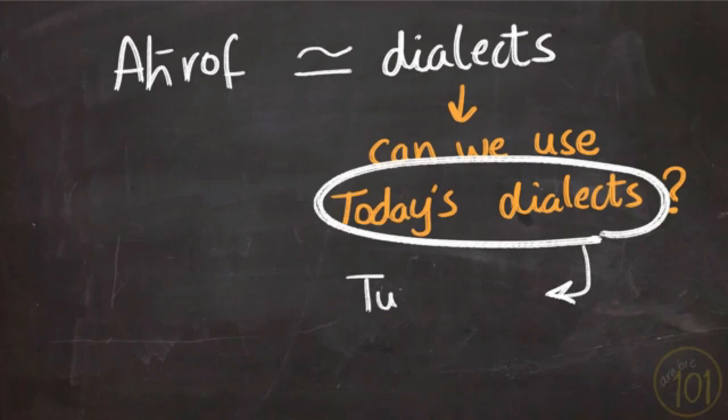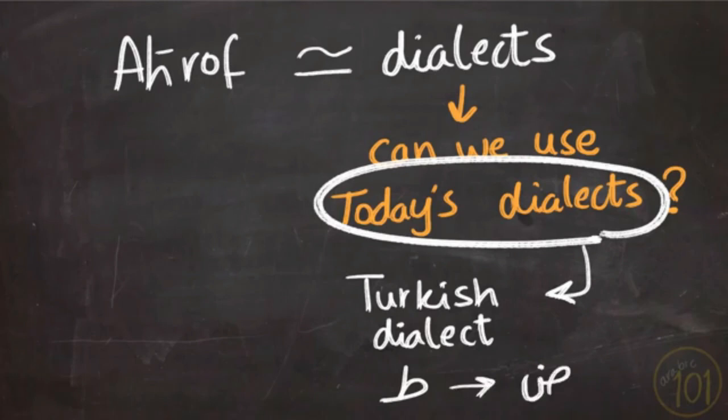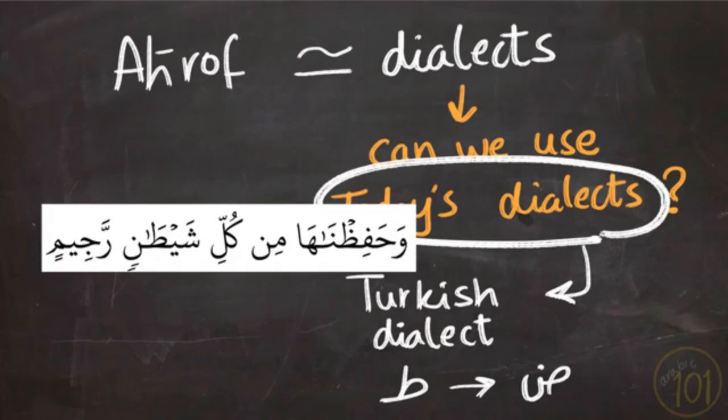And one last example is that some Turkish brothers exchange the letter ta into da. And that is actually a mistake, because they would read وَحَفِظْنَاهَا مِن كُلِّ شَيْطَانٍ رَجِيمٍ.